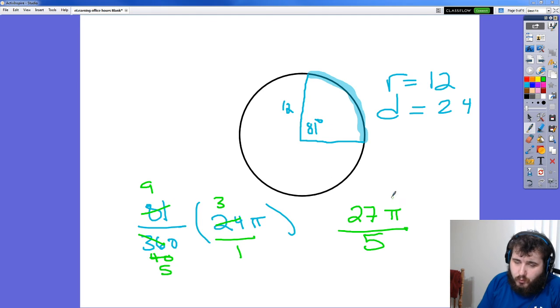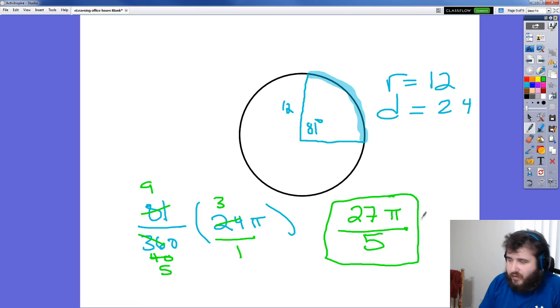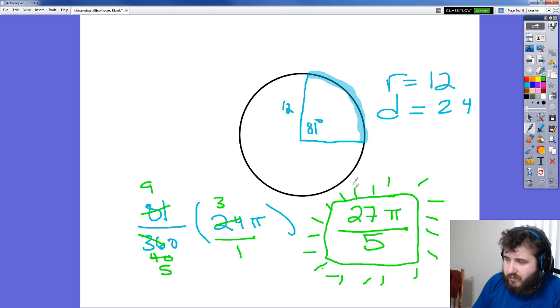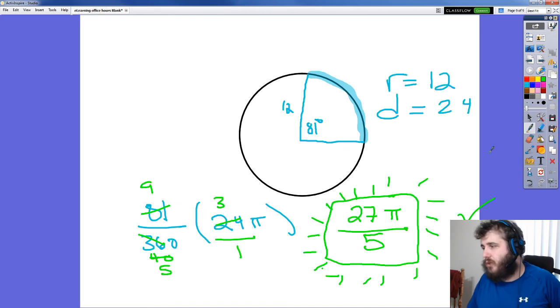I would enter 27 pi over 5 like this into the answer blank. Some of them are going to ask you to write it as a decimal rounded to the nearest whatever, but 27 pi over 5 is exactly what you should be doing for this problem.